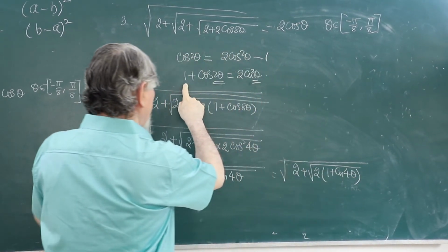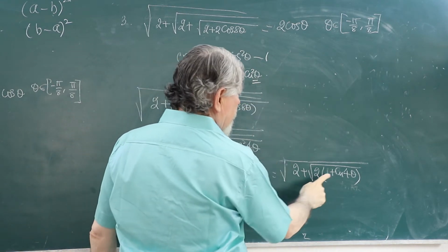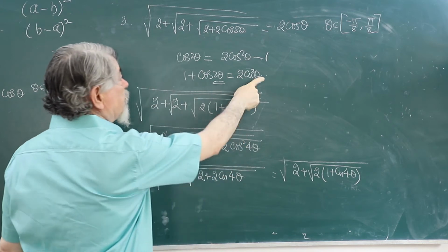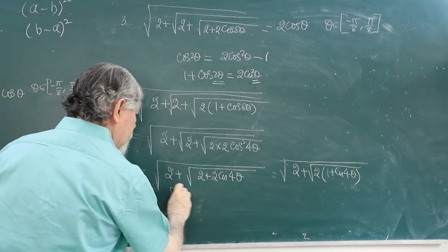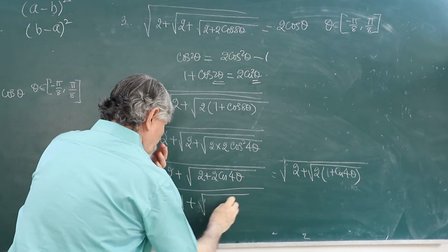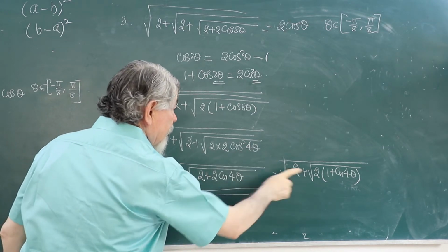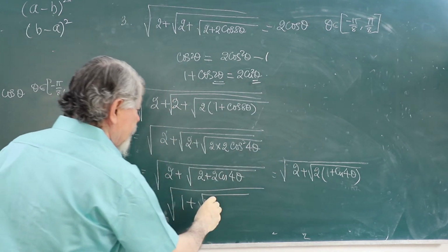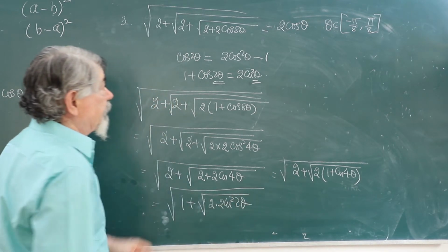Now again by this formula, 1 plus cos 2 theta was 2 cos square theta. So 1 plus cos 4 theta will be 2 cos square 2 theta. It will be 1 plus under root 2, and like it was 2 cos square 4 theta, it will become 2 cos square 2 theta, half of that angle.